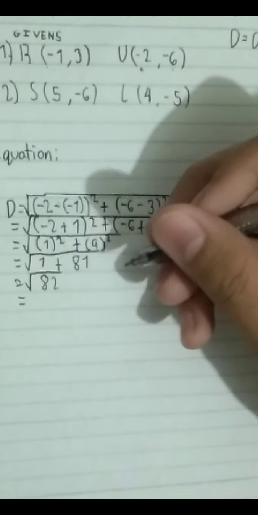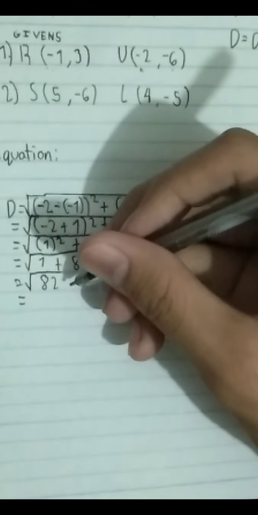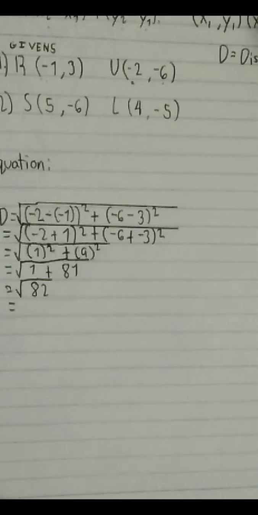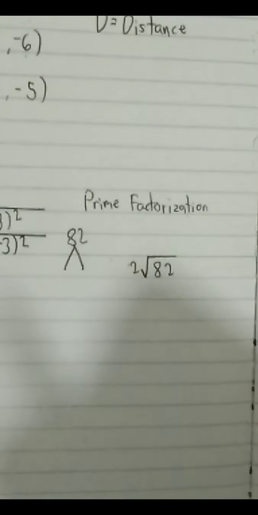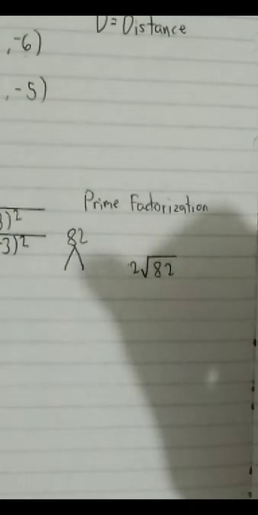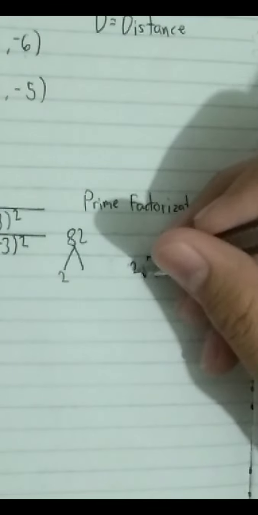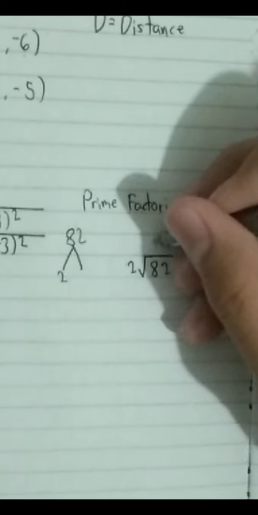Then let's find the square root of negative 82. So now we are going to use a prime factorization. So let's start. So now let's divide 82 by 2. So let's put the 2 here. So 2 divided by 8 is equals to 4.